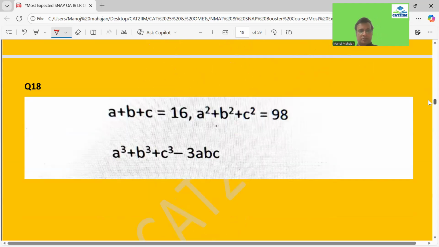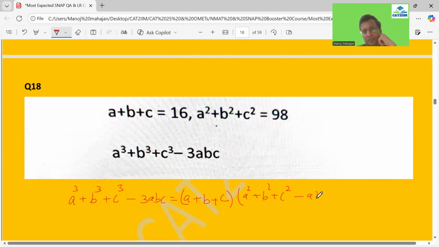Yeah, that's a brilliant question. So you can expect something like this in the SNAP paper. So remember this result. If you get something direct in the SNAP, that would be really good. So a cube plus b cube plus c cube minus 3abc, you should remember this result, is a plus b plus c into a square plus b square plus c square minus ab minus ac minus bc.